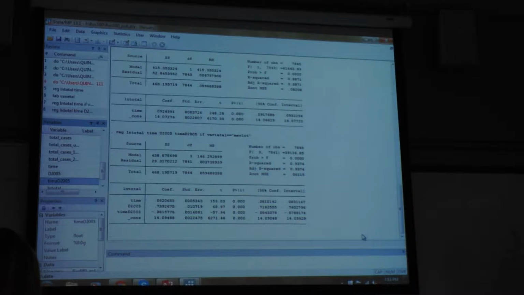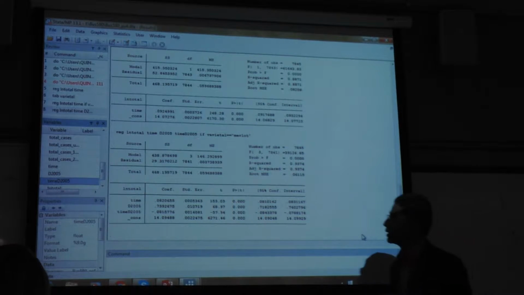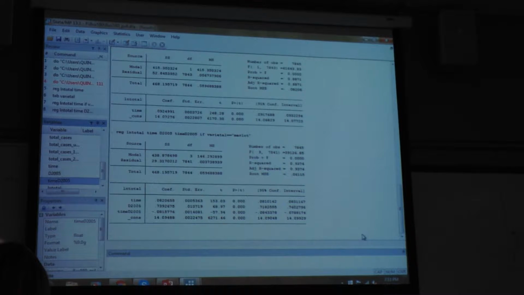Coefficient on time, beta 1, looks like it's 8%. So the growth before the event was 8%. Let's see, the dummy variable is positive and statistically significant.